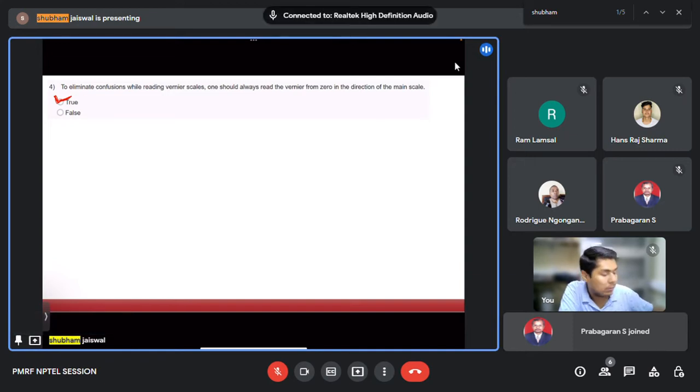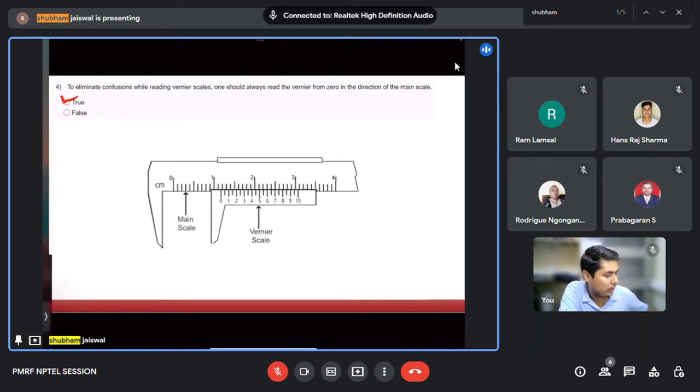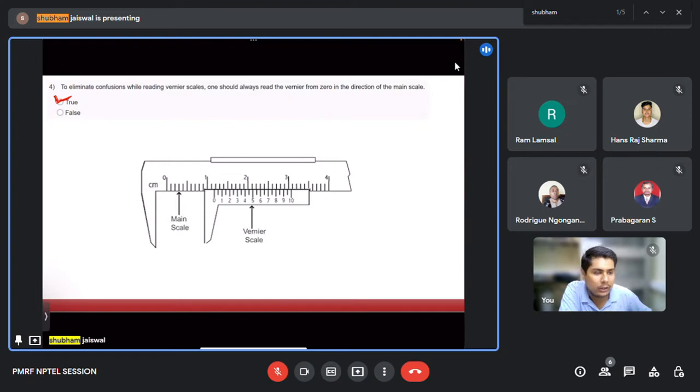Let's consider I have incorporated the image of a simple vernier scale. We can use a bevel protector and the vernier scale from it also. So here you can see, if we read from this direction, that is opposite to the 0 direction, we might get confused where these lines intersect, and sometimes we can measure these lines from the opposite direction.